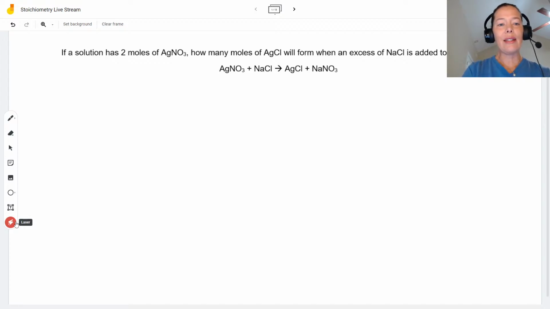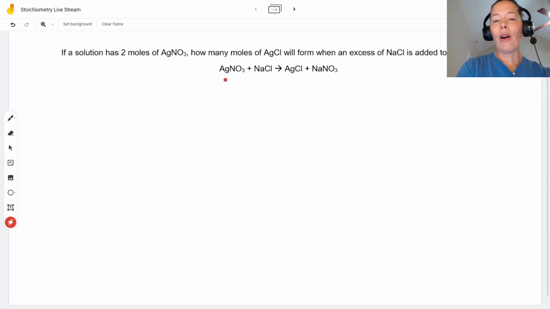And that is that this problem has asked you how many moles of silver chloride, but it has given you information about silver nitrate. So you have been asked about one molecule and you have been given information about another molecule. So what you need to be able to do is to connect those 2 molecules with a balanced chemical equation.